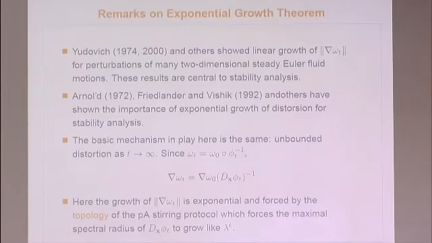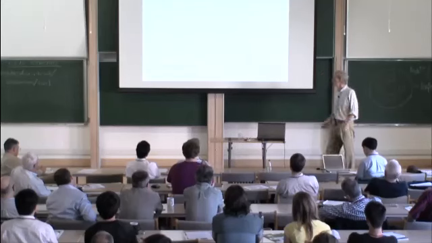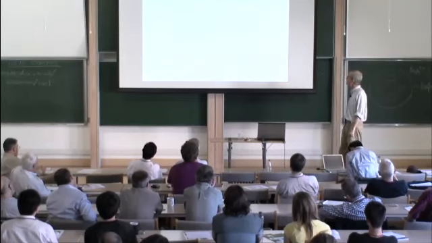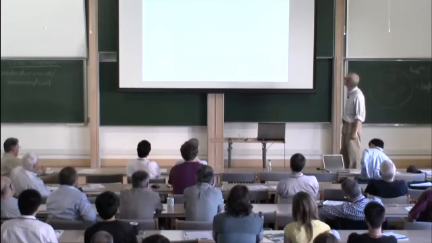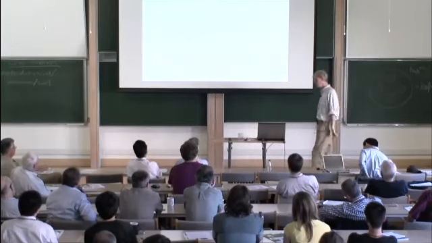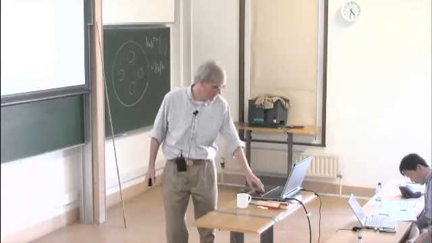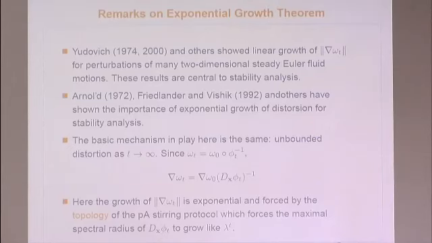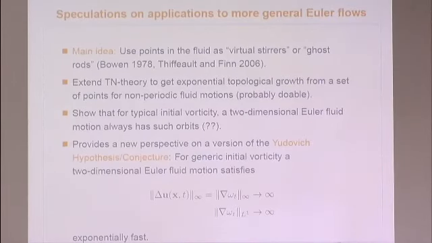So you're hitting something with exponentially growing eigenvalues by a generic vector, and it's going to grow exponentially. It's the same mechanism, which I'm sure everyone understands: you have exponential growth of the distortion, then you get exponential growth of gradients of any transported scalar, in particular the vorticity.